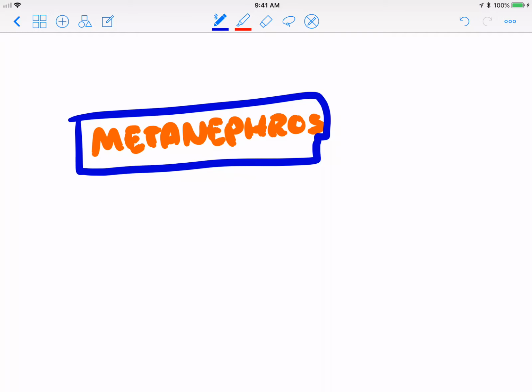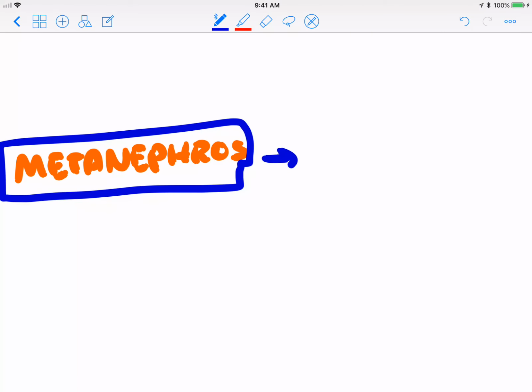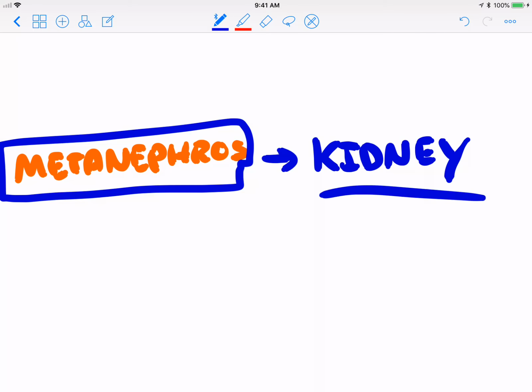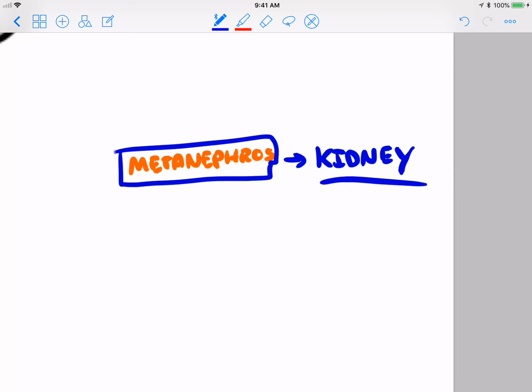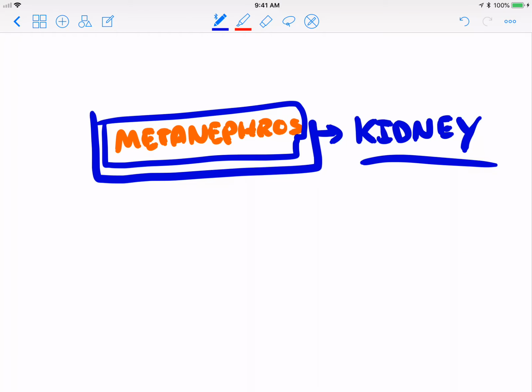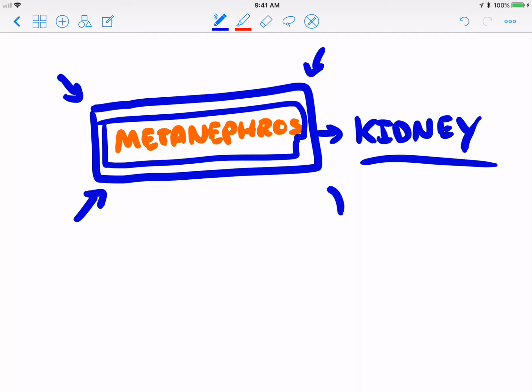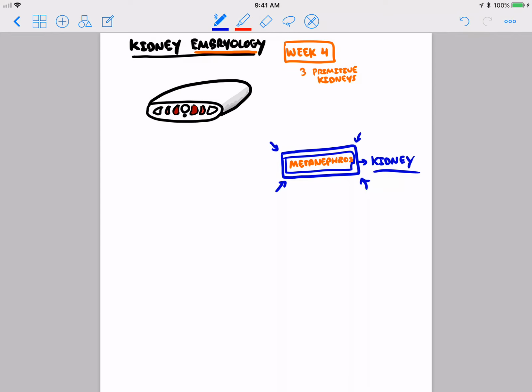And the metanephros, something that is important to remember about it, is that it forms the kidney proper. So what we have inside of our bodies right now is metanephros. Metanephros is the kidney. Okay, great.